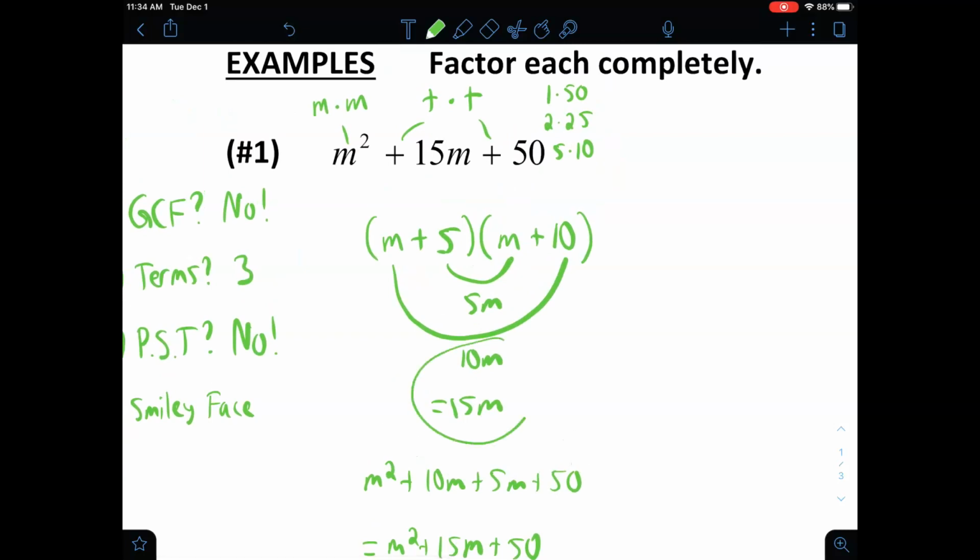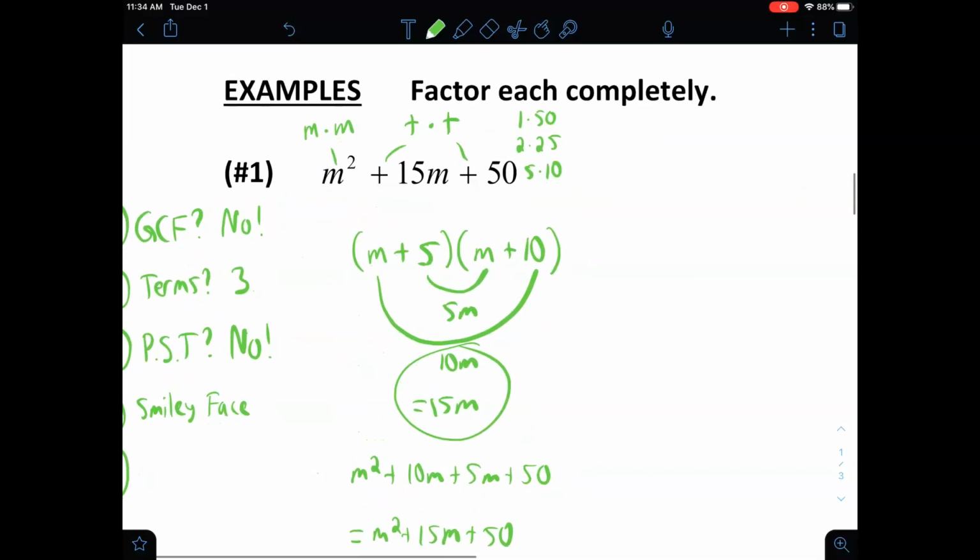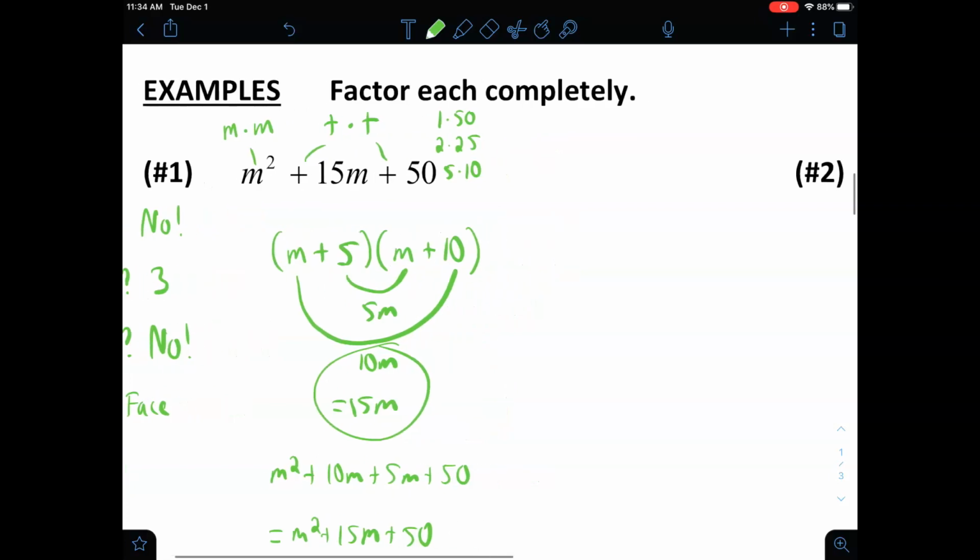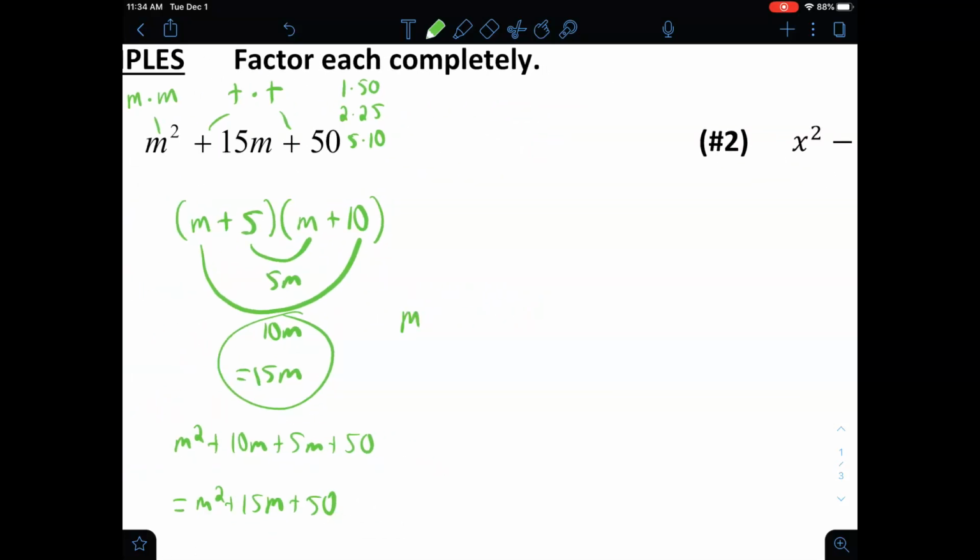So this is our final answer, not guessing this stuff. Our final answer is the factored form, what I'm boxing right here. Actually, I'll rewrite it over here: m plus 5, m plus 10.